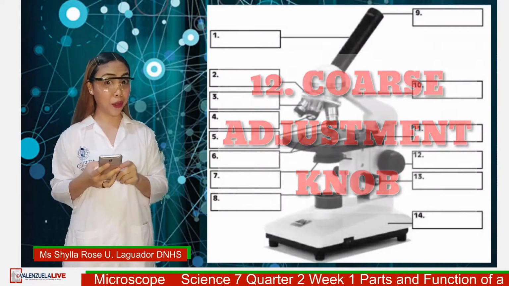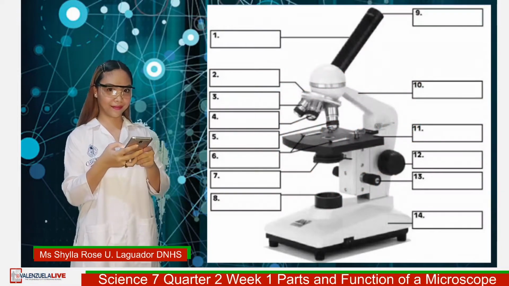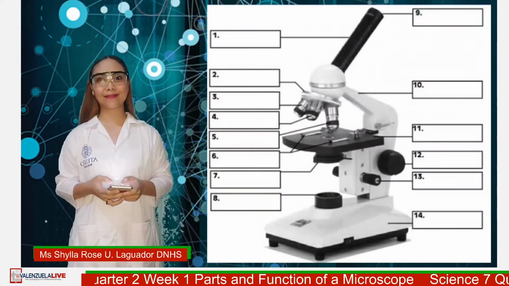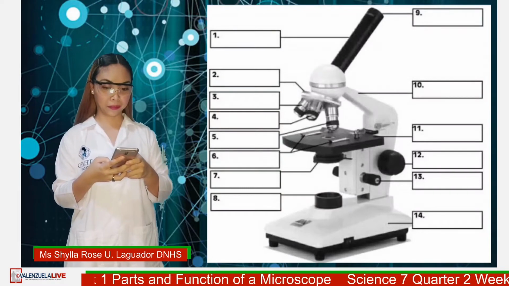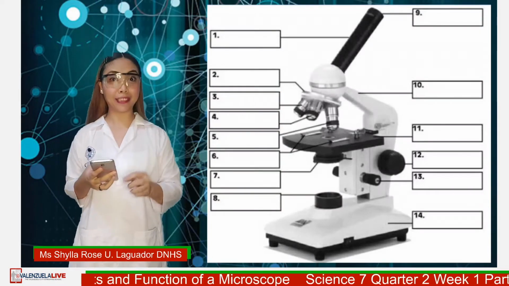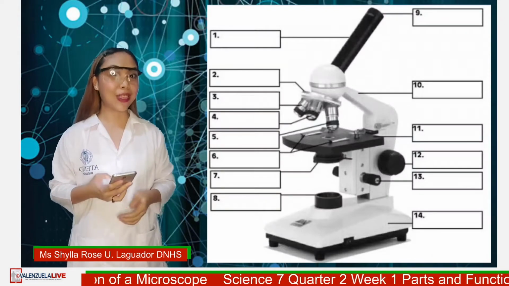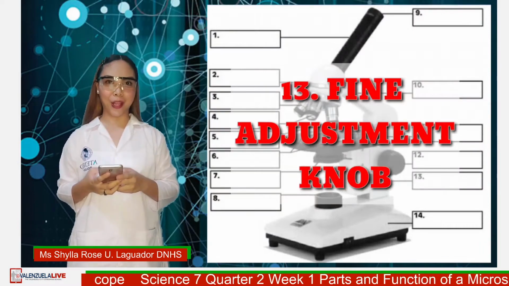So what about number 13? So if number 12 is actually coarse adjustment knob, then number 13 is actually the fine adjustment knob.